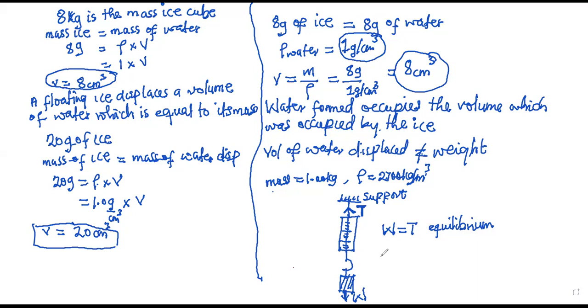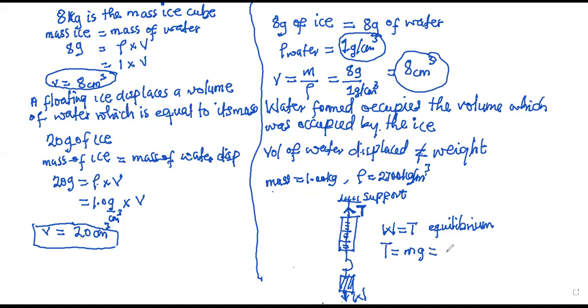So when you are looking for the tension in a spring when the object is weighed in air, before it is immersed in a liquid, the tension is equal to the object weight, which is the product of the mass of the object and acceleration due to gravity.